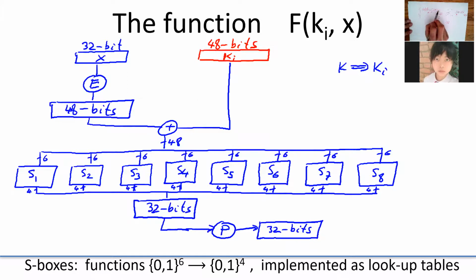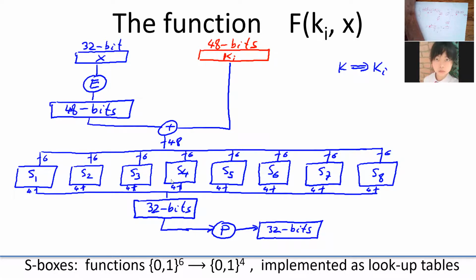So if the S_i are linear functions, so you take 6 bits and there is some 6 by 4 matrix that is S_i, and that outputs the 4 bits of an output, then this whole circuitry can be represented as a matrix.